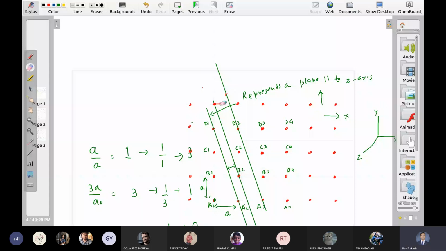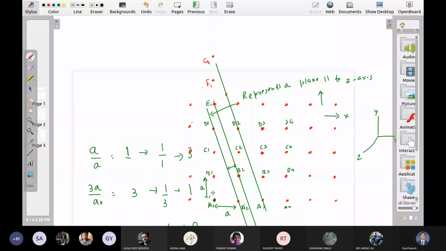Then we have D2 here. Sorry, D1. This is E1 here. Okay. Then we have F1 here. And then we have G1 here. This plane will pass through G1. How much away it is from A1? At a distance of, it is 9 times A. Right?